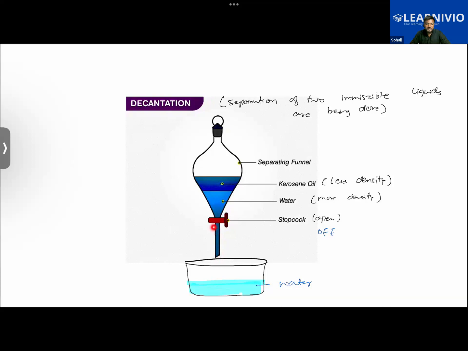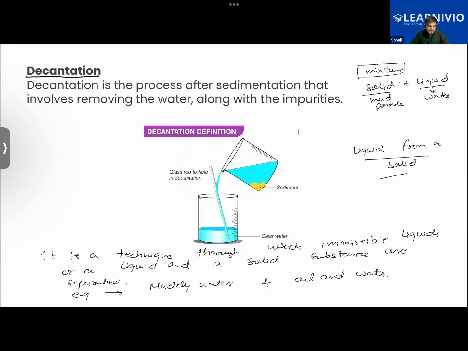As soon as all the water has drained out and we have collected it in a beaker, we close it. Thereby we have separated the oil and water. Only kerosene oil will be left. So that is also decantation. Decantation is separation of a solid from a liquid and separation of a liquid from another liquid also. Getting it? Yes, sir.